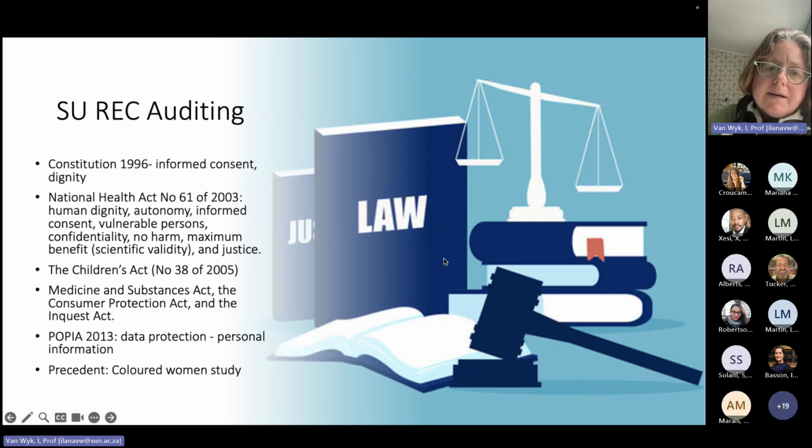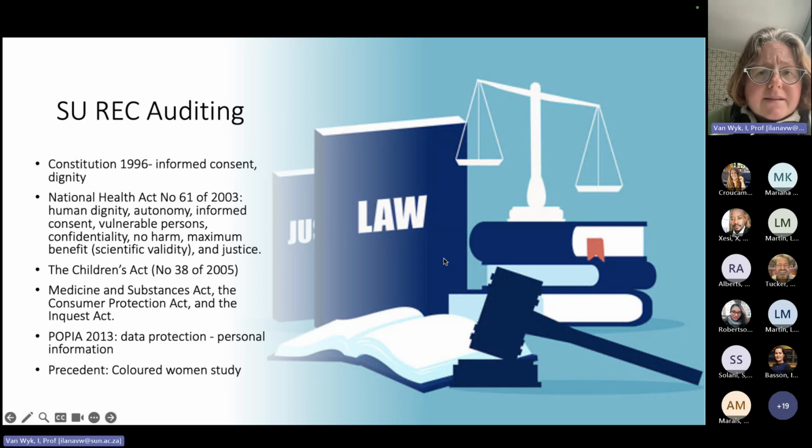We also saw in 2005 the promulgation of the Children's Act, which very clearly stipulated that anyone doing research with children had to do so subject to all kinds of rules and regulations. So if you were anywhere near a child, you had to conform to the stipulations of this act.